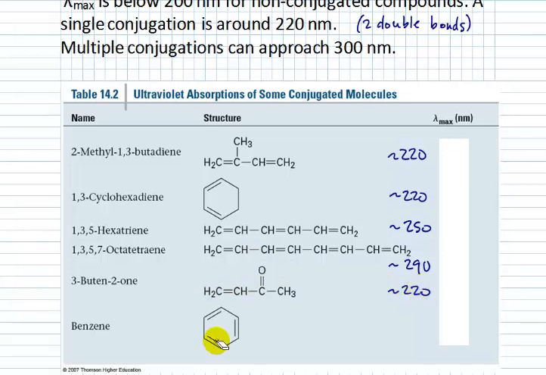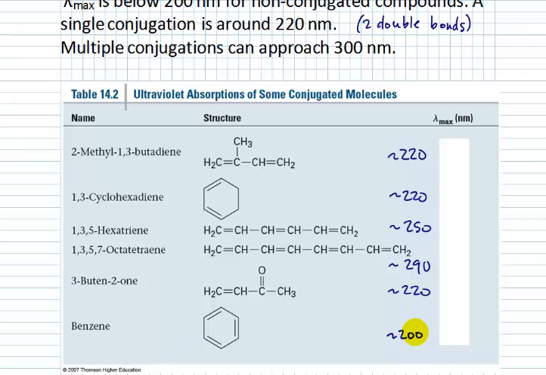Here I have benzene, and benzene is interesting. We'll see in the next chapter that this is aromatic. This is not just like 3 conjugated double bonds. There's extra stability earned with aromaticity. So since there's extra stability, I'm going to say really low, 200. And that's sort of weird.